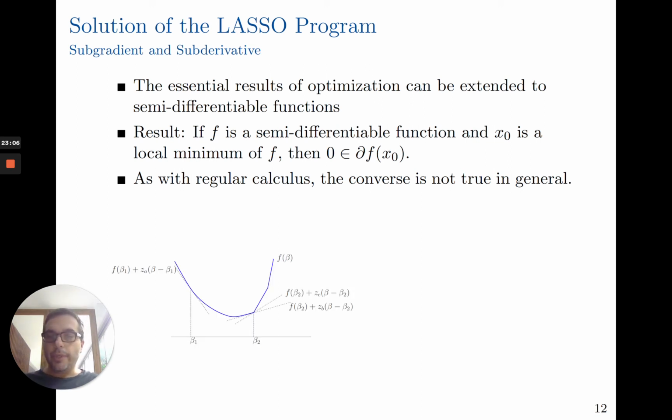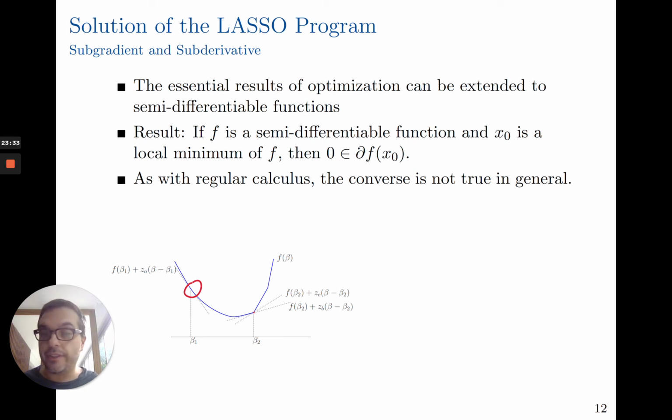Okay, so here we can see a picture. You have points where the function is differentiable, so the derivative is the tangent line touching this specific point. But you can see this point here is a kink.